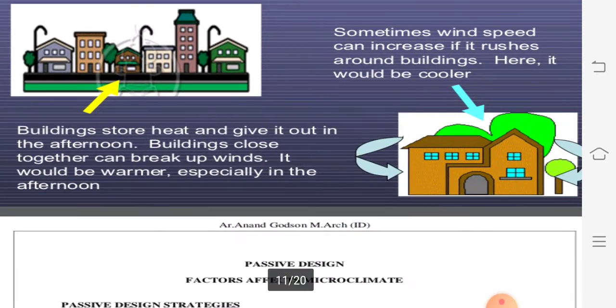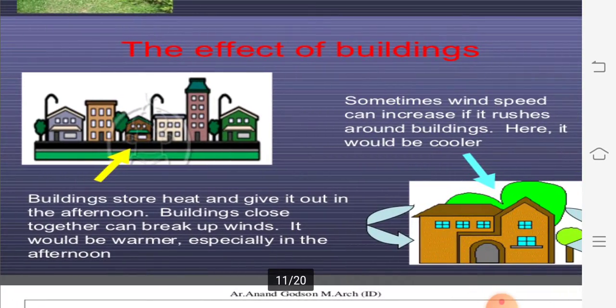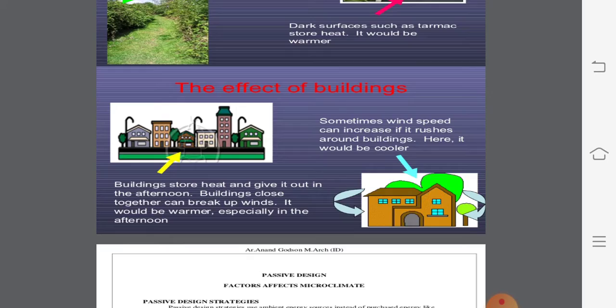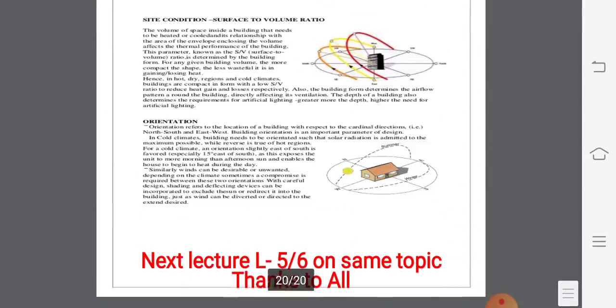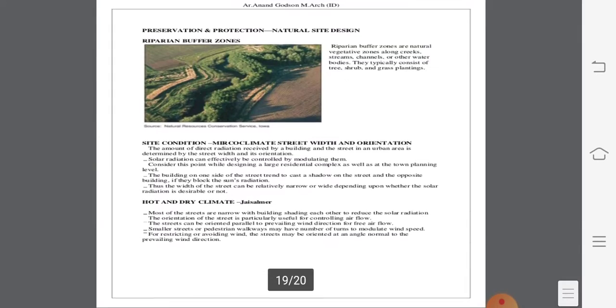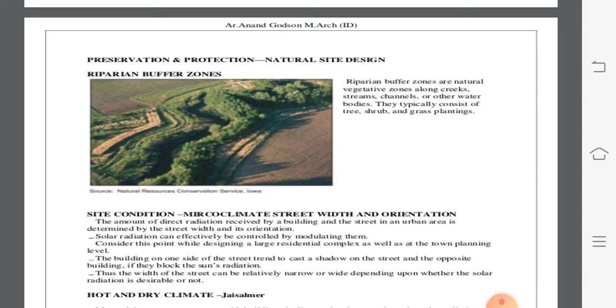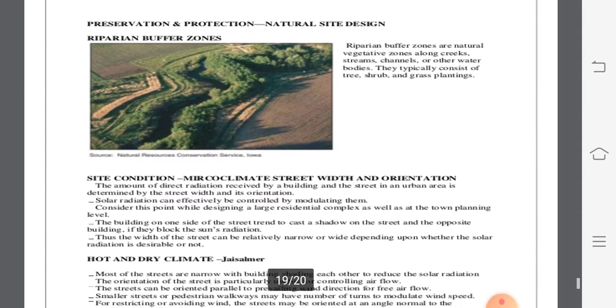And secondly, nowadays due to urbanization we have different types of characters, with soil changes. Then one point remains: generally the preservation and protection of these natural sites. This is also one of the factors.